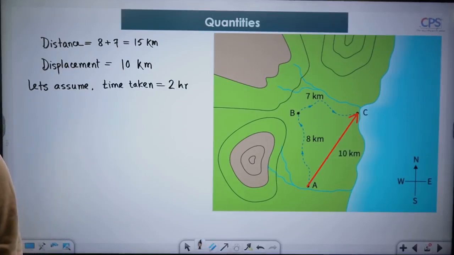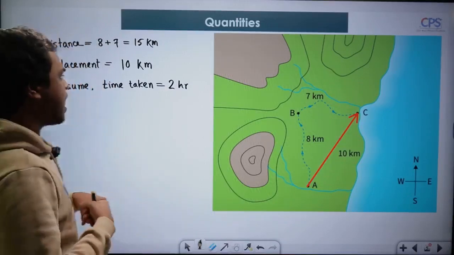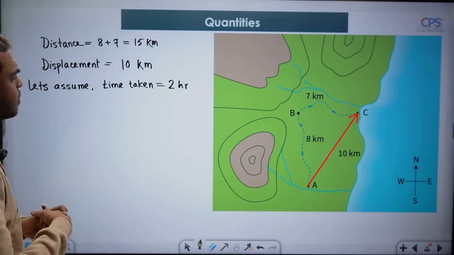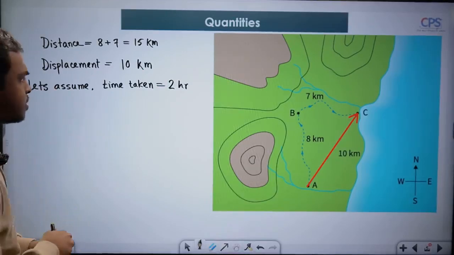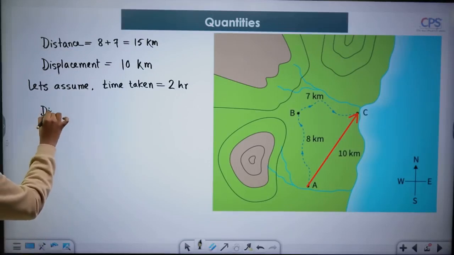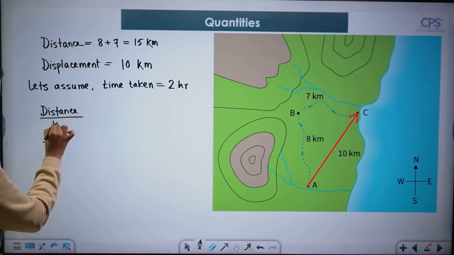So I can actually do 2 things. I can identify the rate of distance covered. Okay, so let's see, distance by time.